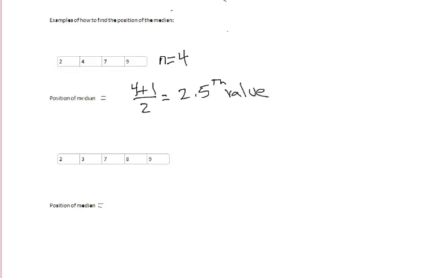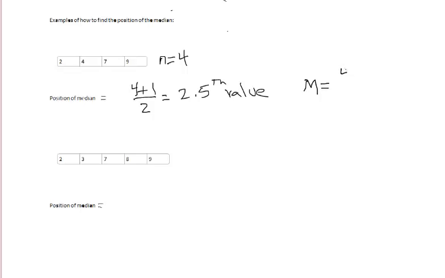Now, remember that we're going to need to have our data in order numerically, and I already had done that on this one. So 2, 4, 7, and 9 is in order. So if the position is the 2.5 position, that is going to be the middle between number 2 and number 3 in order. The median for this problem is m is equal to, now we have to take the average of the second and third value to get the 2.5 value.